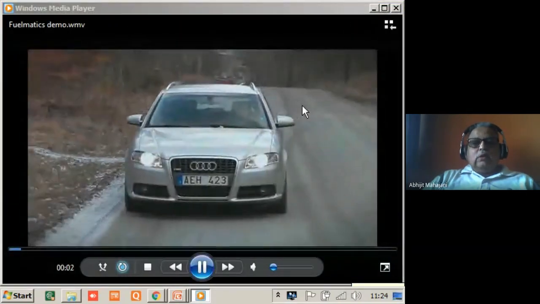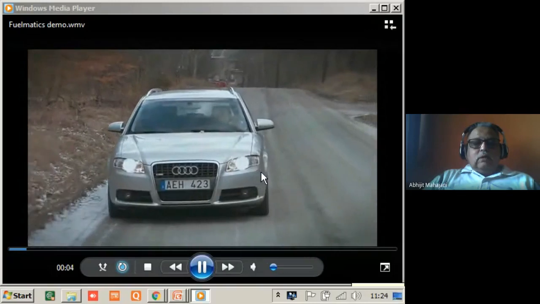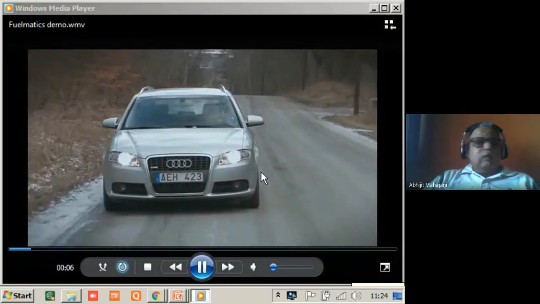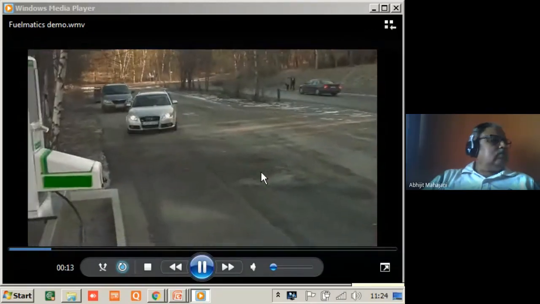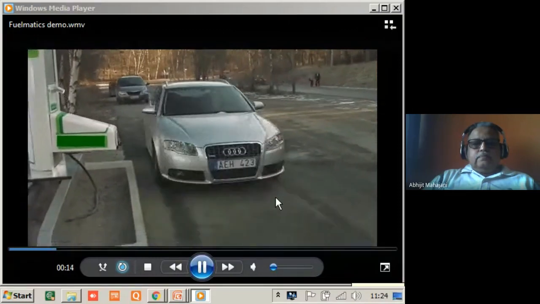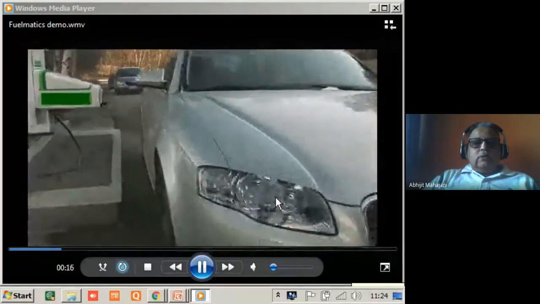Here is one small clip where the automation in oil filling has been shown. This is an automatic petrol filler.